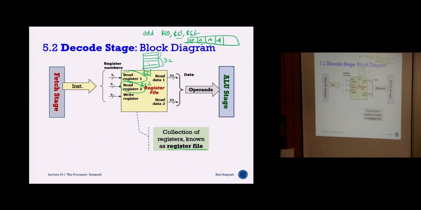I also have another register called write register, which is my S0 in this case. Let's just look at R-type for now. For an R-type instruction, there are 3 registers, 2 to read from and 1 to write to. That means when my instruction comes out, I need to tell the processor which are the 2 registers I want to read from and which is the register I want to write to.